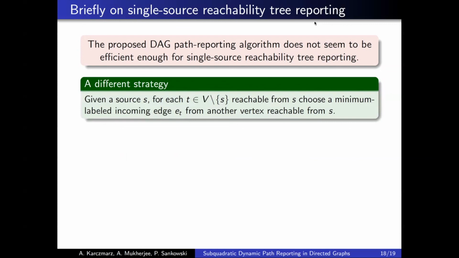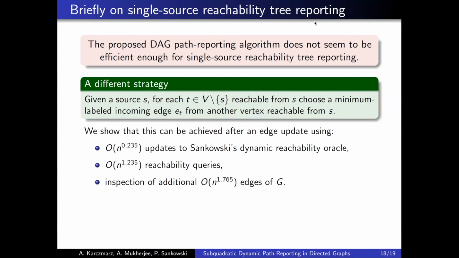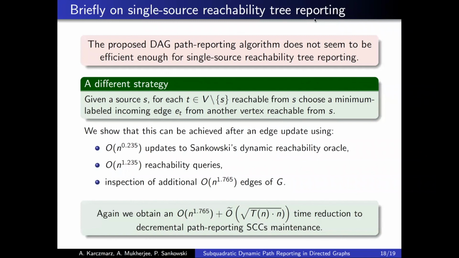Given a source S, for each T in V minus S reachable from the vertex S, we choose a minimum labeled incoming edge ET from another vertex reachable from S. We show that this can be achieved after an edge update using order n to the 0.235 updates to Sankowski's dynamic reachability oracle, order n to the 1.235 reachability queries, and inspection of additional order n to the 1.765 edges of the graph G. And again, for single source reachability tree reporting, we obtain an order n to the 1.765 plus order square root of Tn over n time reduction to decremental path reporting strongly connected component maintenance with Tn total update time.